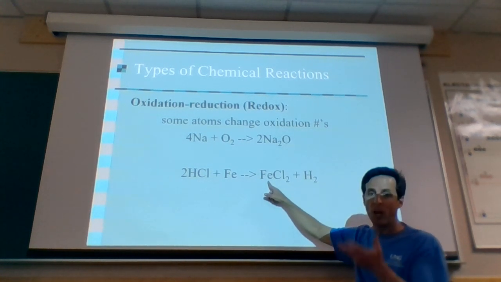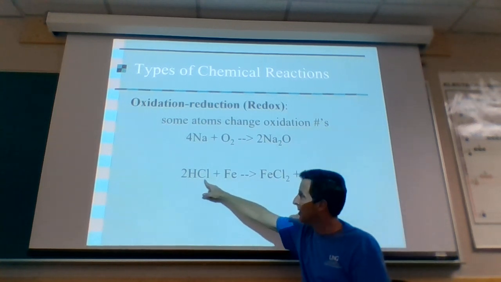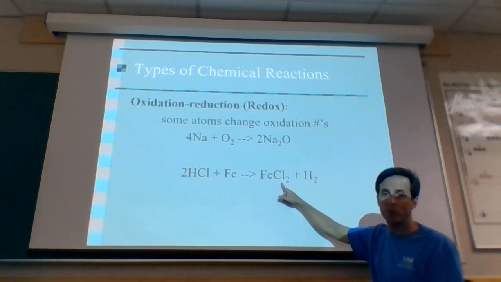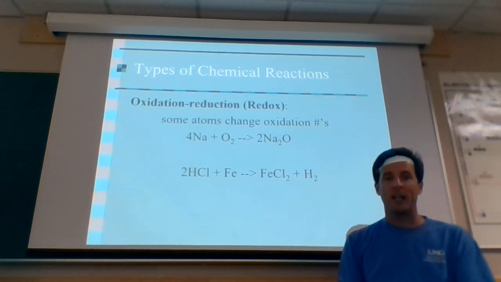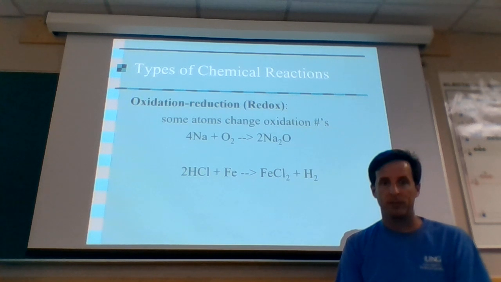If the charge goes up, that's oxidation. And then chlorine was -1 right here, it's still -1 over here. So chlorine didn't change. It was not oxidized or reduced. It was a spectator. Okay? It's just a spectator.